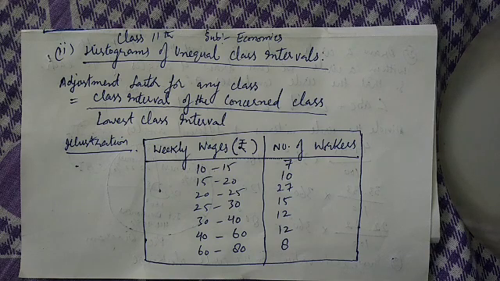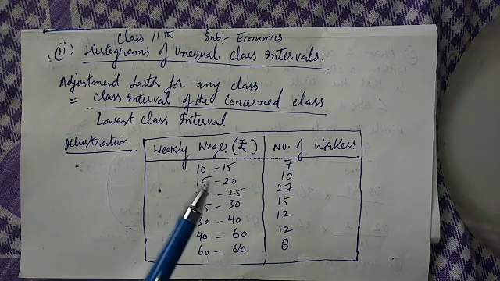The bigger class is divided in two parts, 10 to 15 and 15 to 20, and accordingly the frequency of the bigger class, 12, would be divided by 2, that is 12 divided by 2, which is equal to 6. The divider 2 in this case is called the adjustment factor.